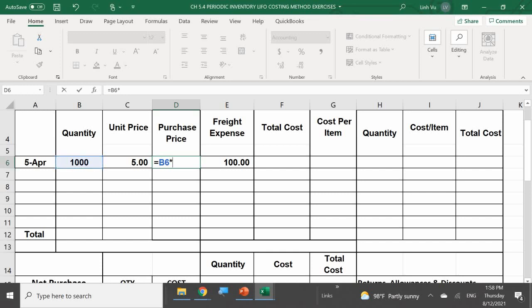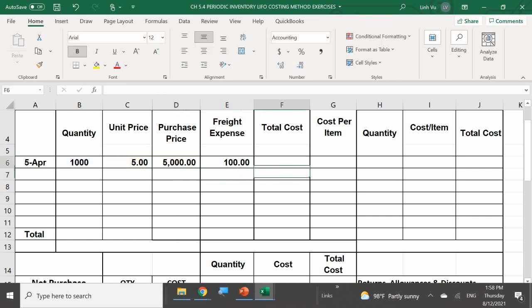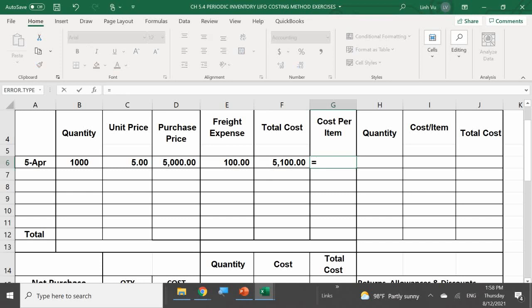Quantity times the unit price of $5 to give me a grand total of $5,000. Okay. What's my total cost? 5,100. Okay, good. Last but not least, how do we solve for our cost per item?